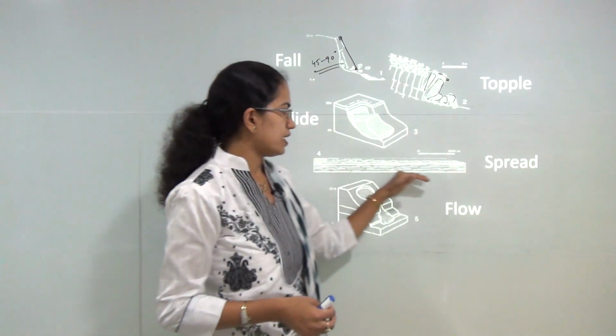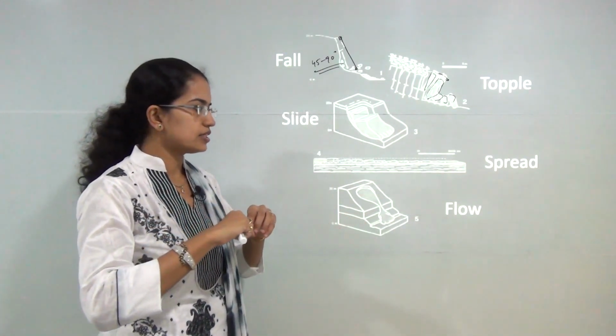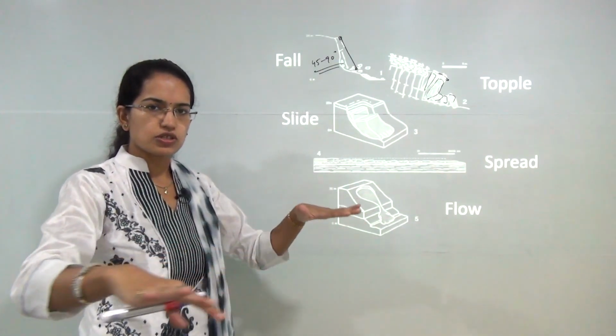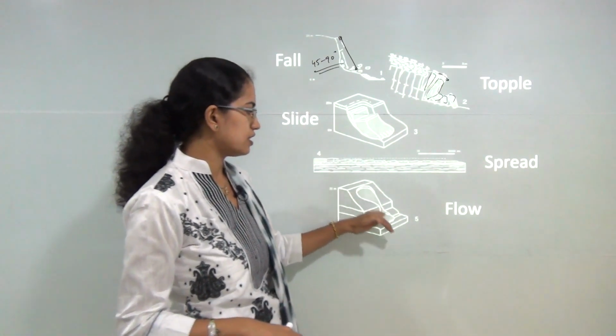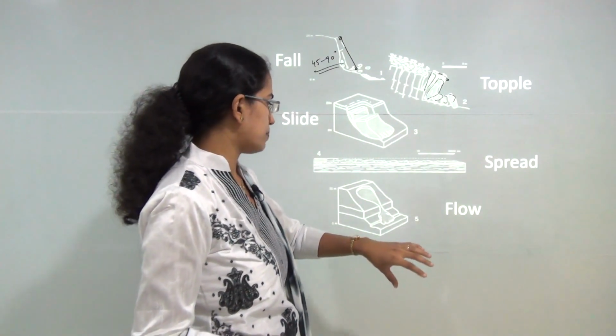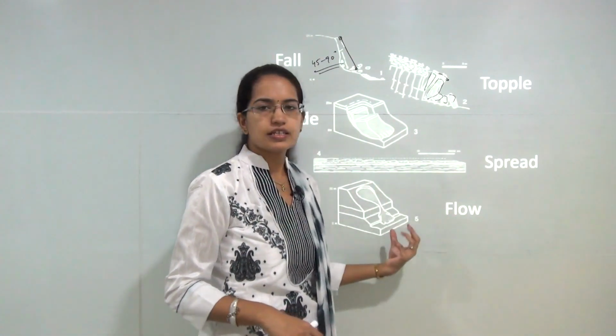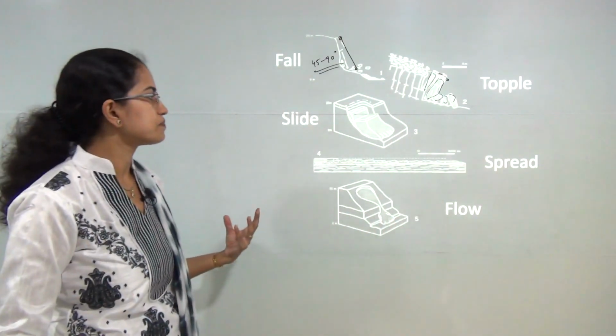Then you have a spread. Spread is a kind of cohesive material that spreads on the surface. And finally is the flow. We'll understand flow in greater detail in the next part of the section. Flow is a kind of movement when the particle is more or less fluid in nature.